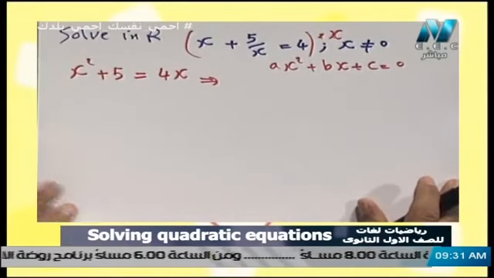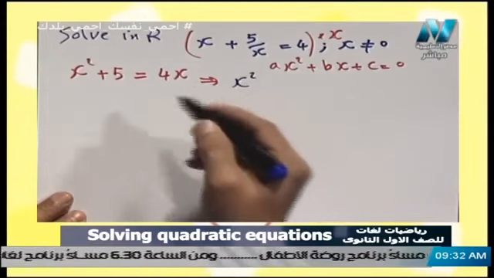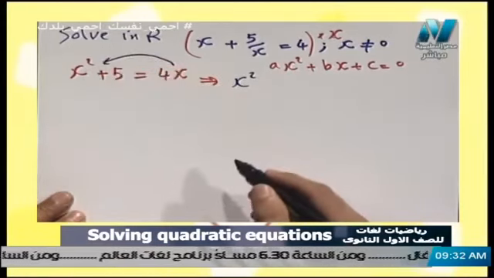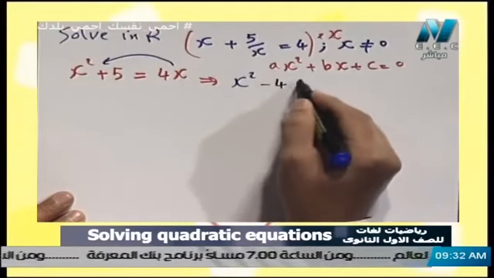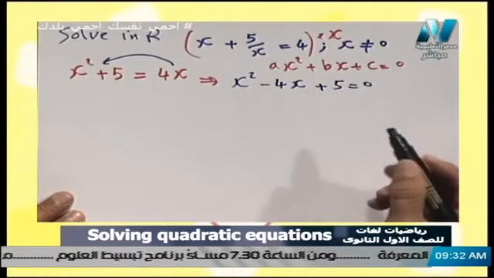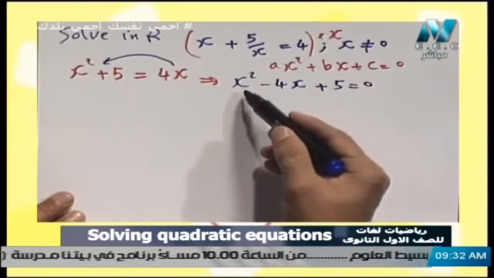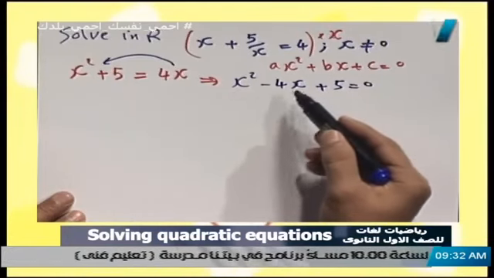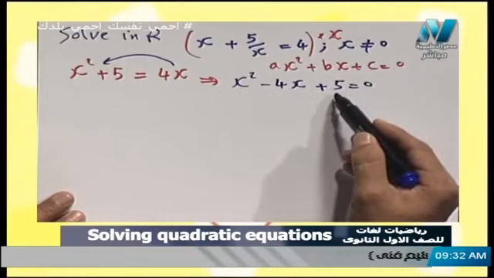To put this equation in the form, it will be x power 2, and we transfer 4x here to be negative 4x in the middle, plus 5 equals 0. We rearranged the equation to be x power 2 first, which is second degree, and x, which is first degree, and 5, which is of 0 degree.